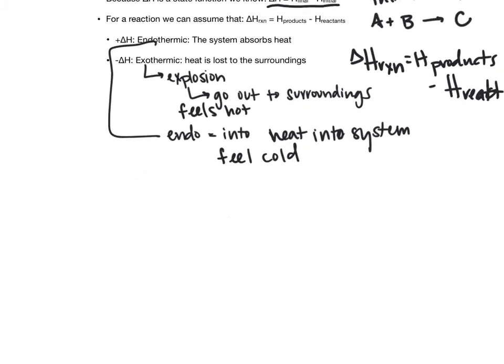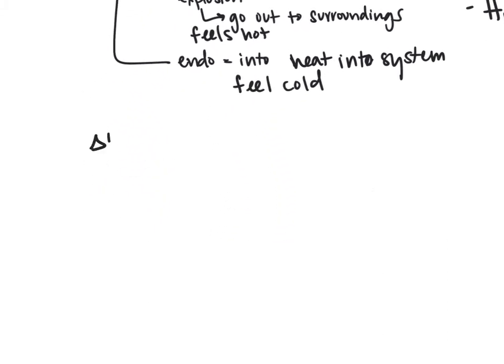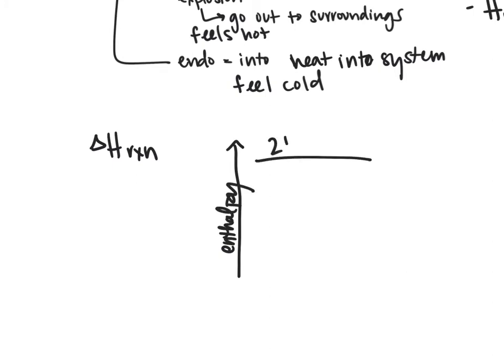As we continue to think about delta H, delta H of reaction can be thought of as how much energy it takes to go from reactants to products. If we think about this in terms of a reaction diagram with enthalpy, going from 2H2 plus O2 to 2H2O, this is our reaction here.